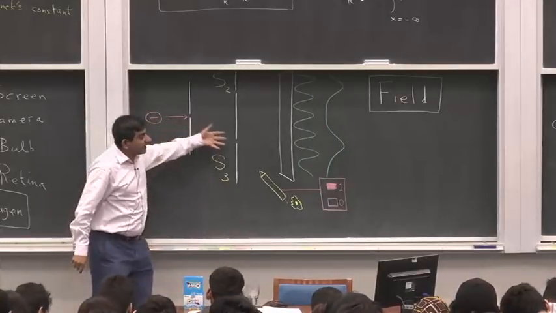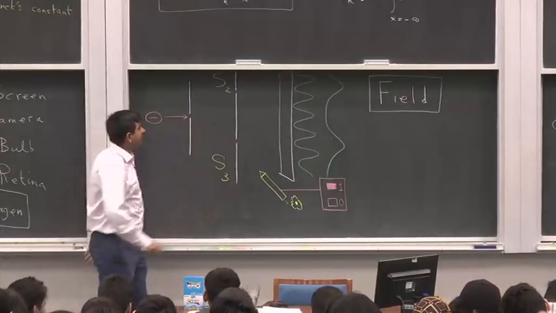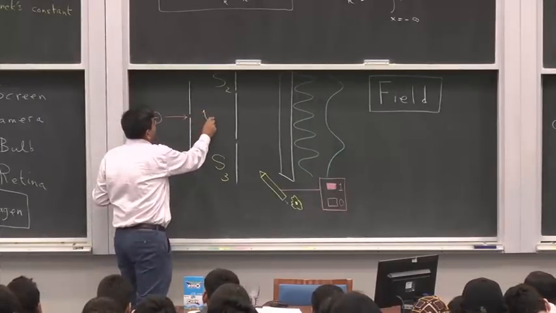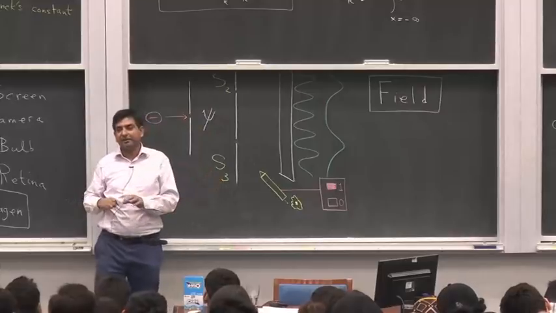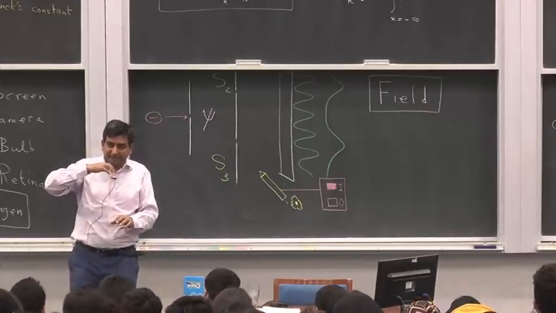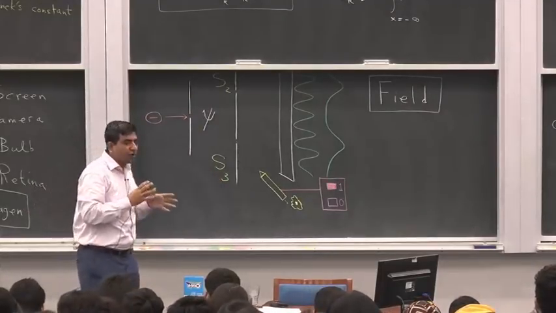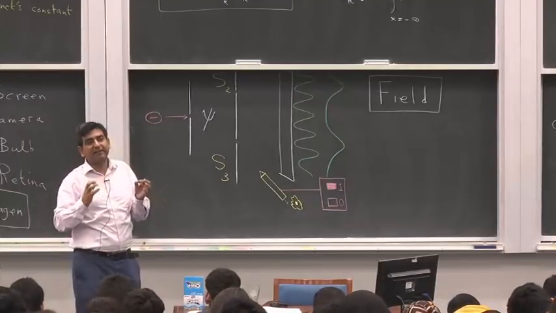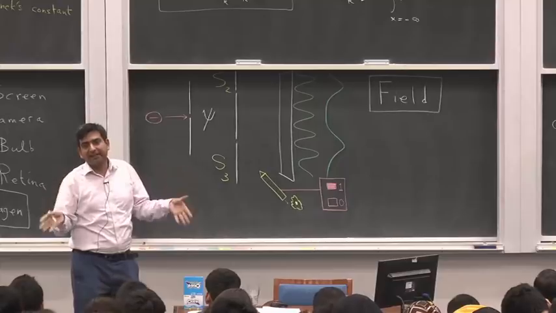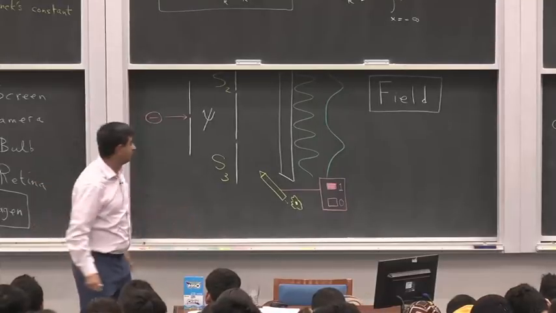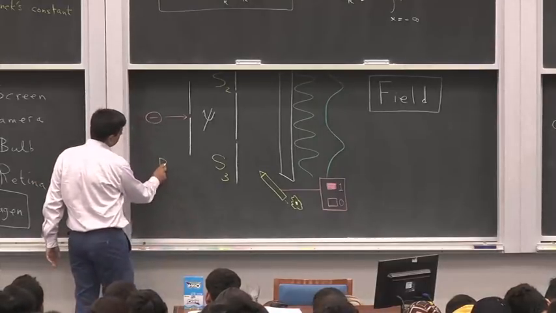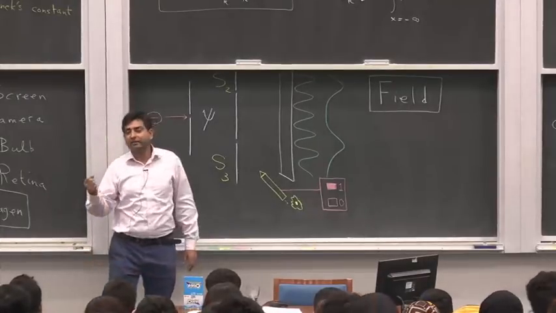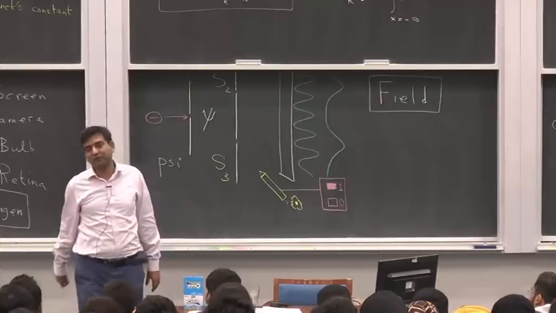So when the electron enters this part of the apparatus, it's a field and it's denoted by, say, psi. Generally, this field can also be called a wave function. It's denoted generally by the letter psi. It's a Greek alphabet psi. Psi with a feeble sound of P, psi.